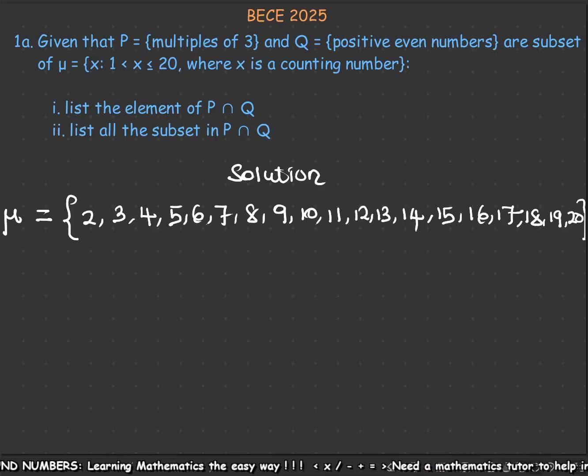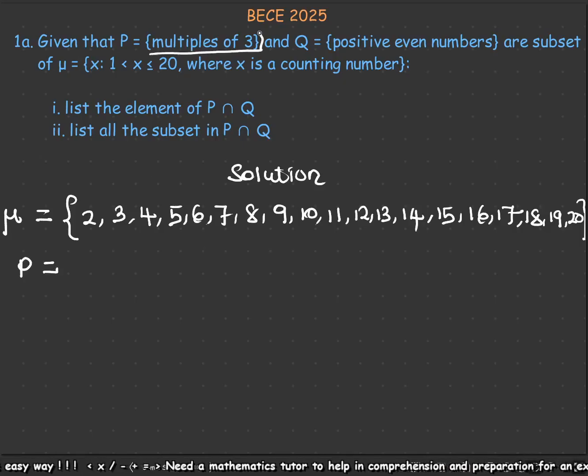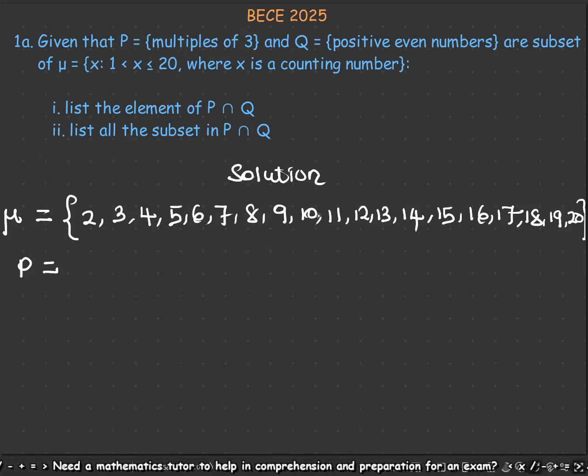With that done, we can now go to the sets. So we have our set P, and it says set P is multiples of 3. So out of our universal set, we want to look at those that are multiples of what? 3. And we know our multiples of 3, so you can skip count by 3s.